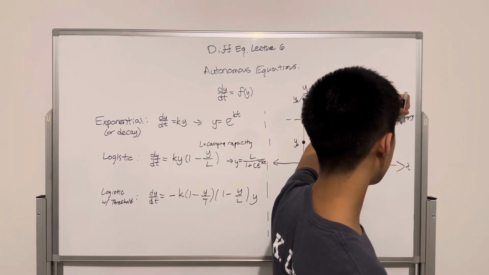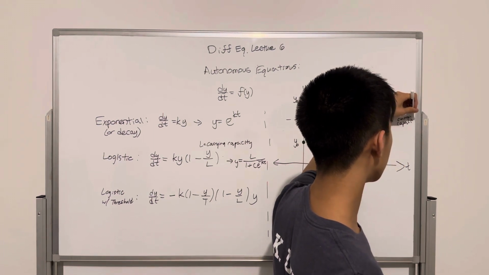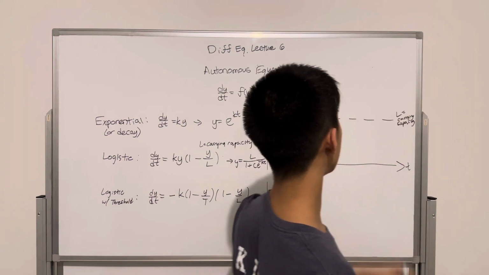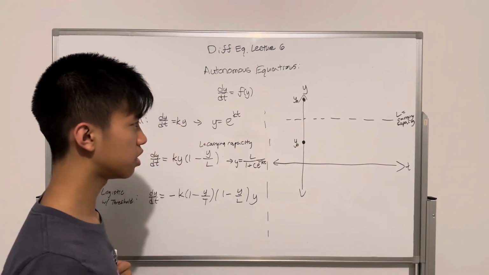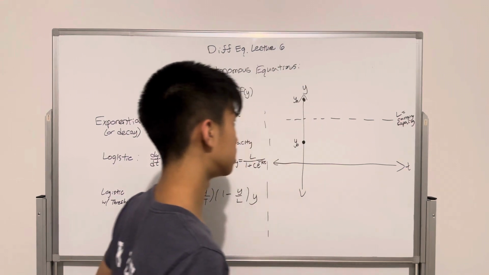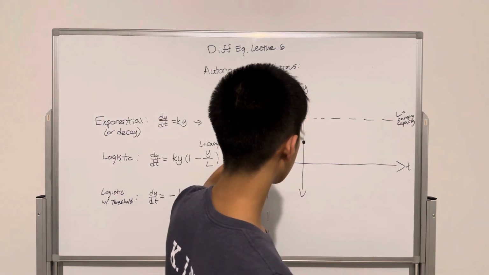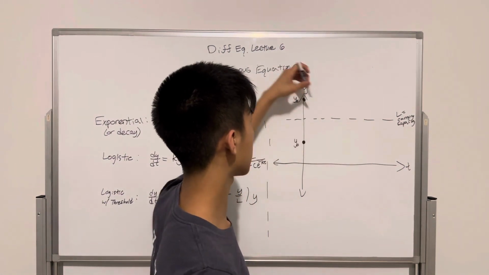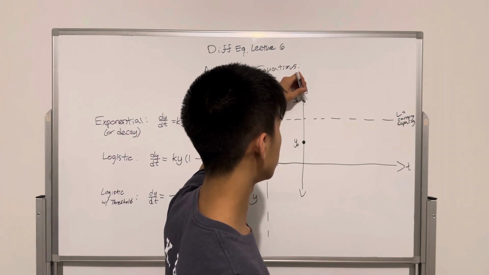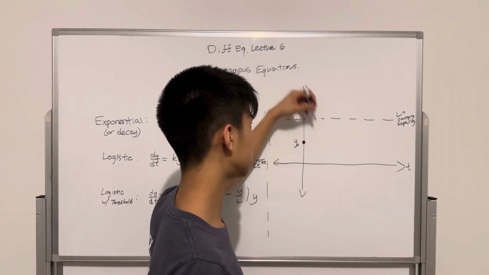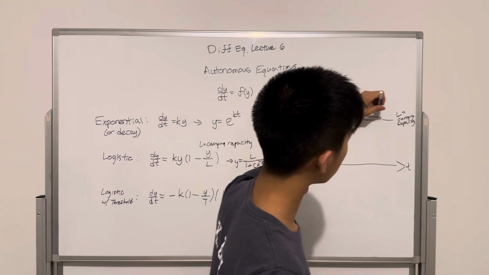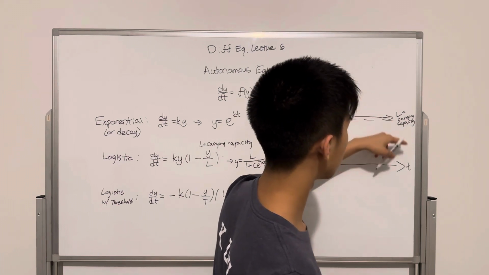So if this was a population of monkeys, for example, the habitat can only sustain an L amount of monkeys. So if you start out above the carrying capacity, then there won't be enough resources to sustain all these monkeys. So the trajectory will kind of approach the carrying capacity.